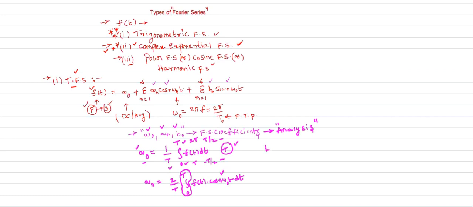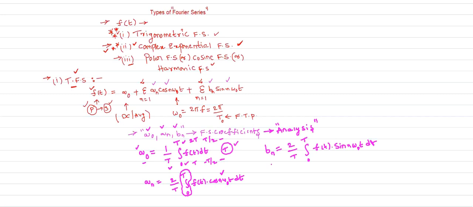And what about the coefficient bn? The coefficient bn is calculated using this formula: 2 by t, 0 to t, your function f of t into sin n omega naught t dt. This is your coefficient bn.